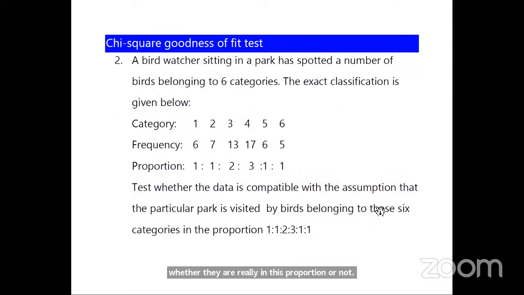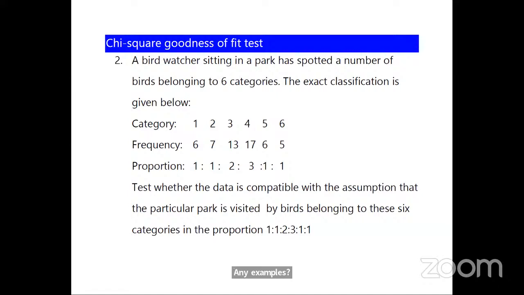Let's see another example. Or I will be happy if you can give some example of this type from your stream. Any example?